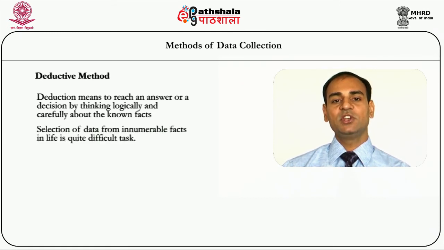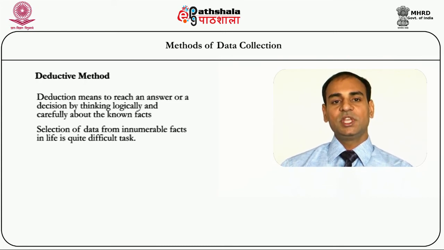Selection of data from innumerable facts in this world is a very difficult task. For making research easier, it is better that certain indicators be formed on the basis of possessed knowledge, theory or principle.